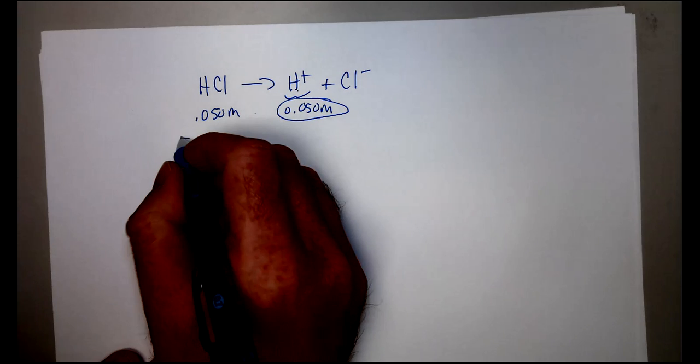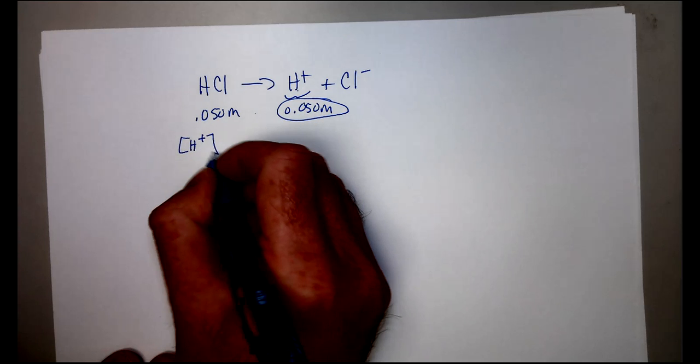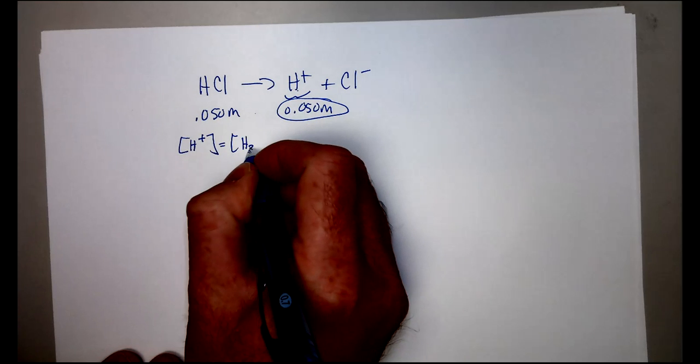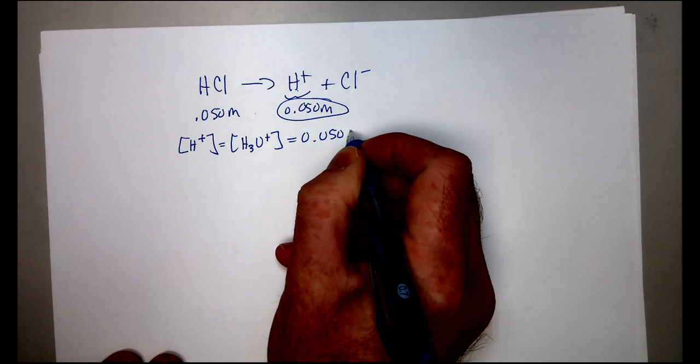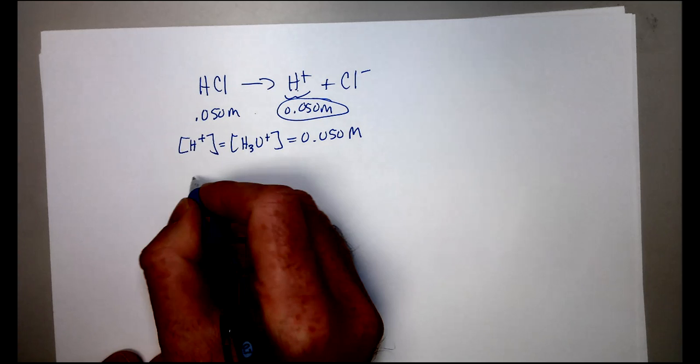And so we know our H plus then would be equal to our hydronium ion, which is 0.050 molar.